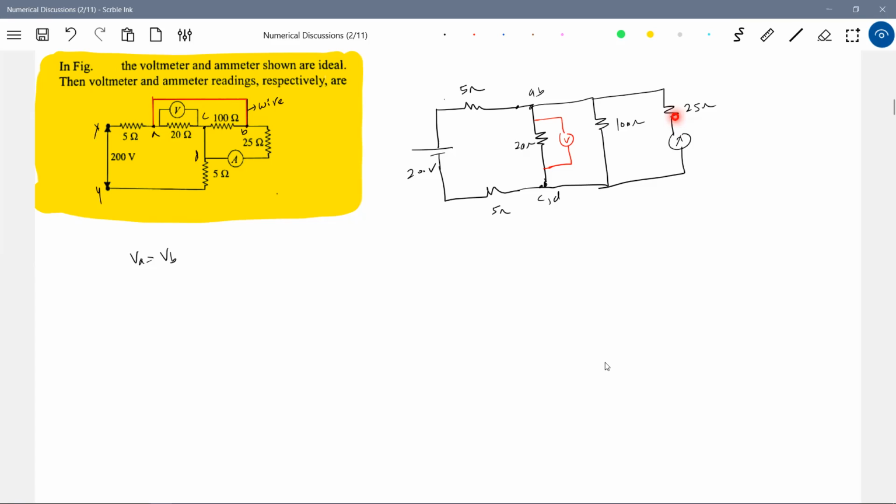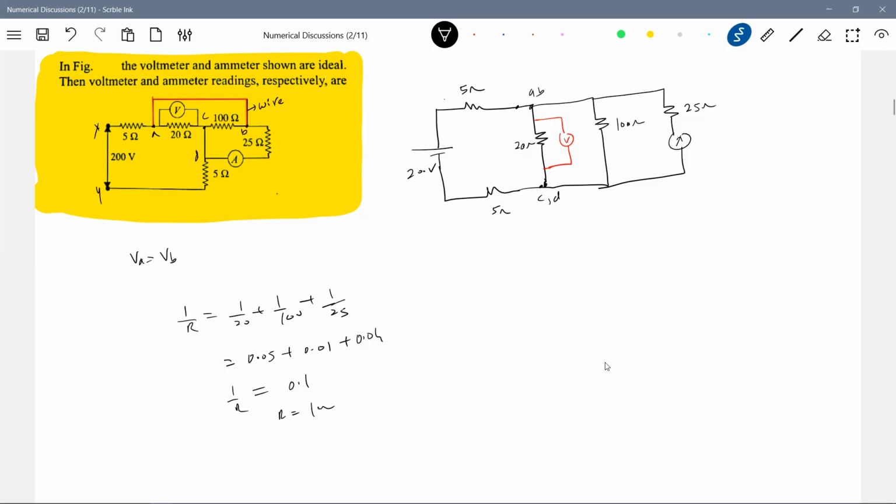It will be 1 by 20, 1 by 100, 1 by 25. 1 by 20 will be 0.05, 1 by 100 is 0.01, 1 by 25 is 0.04. Adding these up will become 0.1. So 1 by R equals 0.1, R equals 10 ohm.